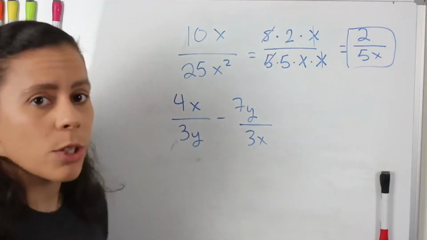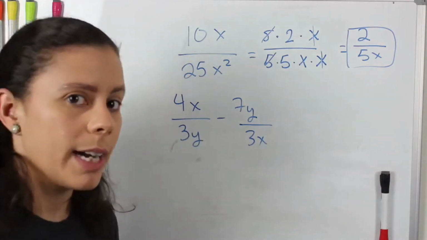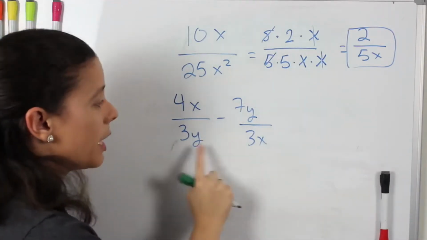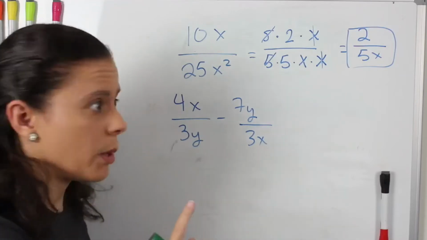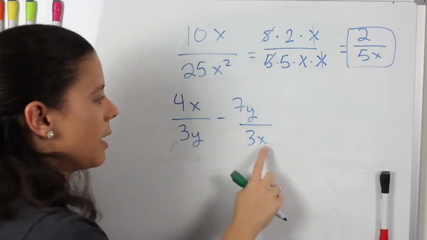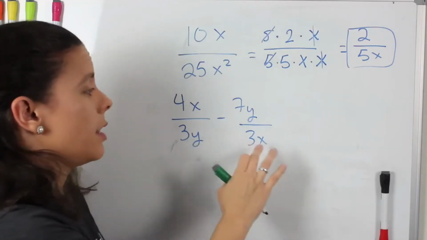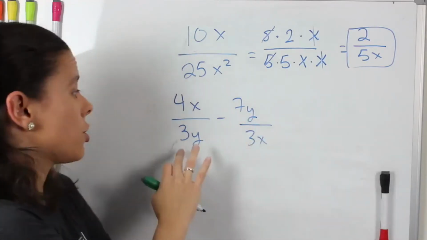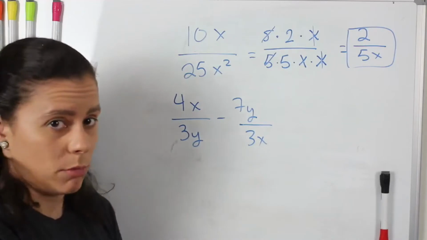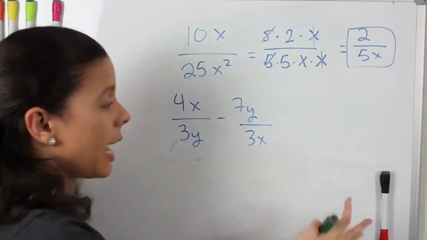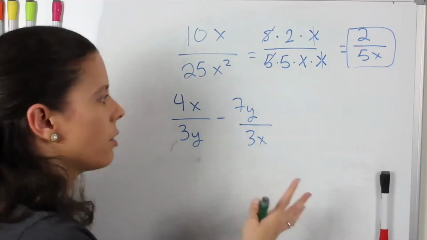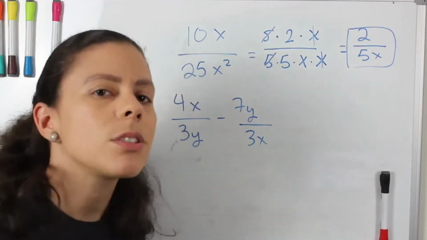Remember, when you're adding or subtracting, you have to have the same denominator. So the denominators are pretty close. They both have 3, but they do not have the same variable, which is just a number. This is one number, and this is a different number. This is just 3 times y, number whatever, and 3 times x, another number, but still a number, and it behaves just like a number.